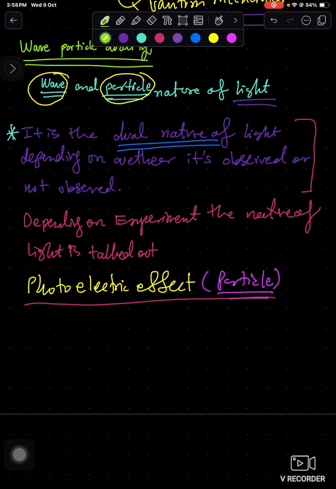It will not be a wave, it will be particles, and these particles will be E equal hf.